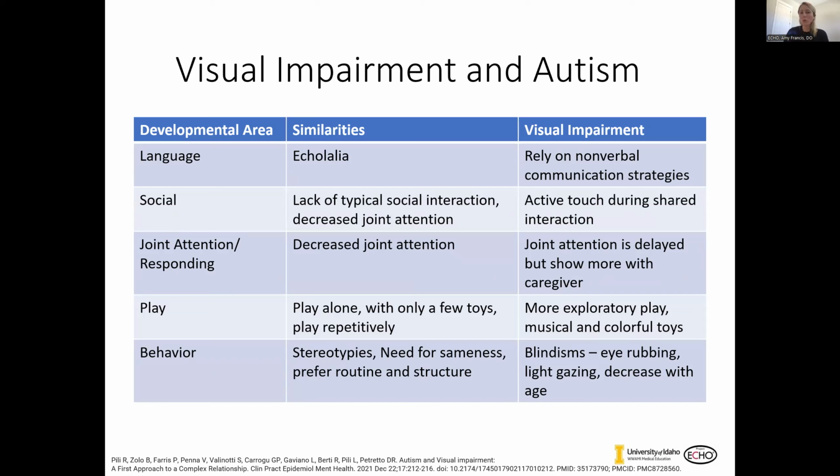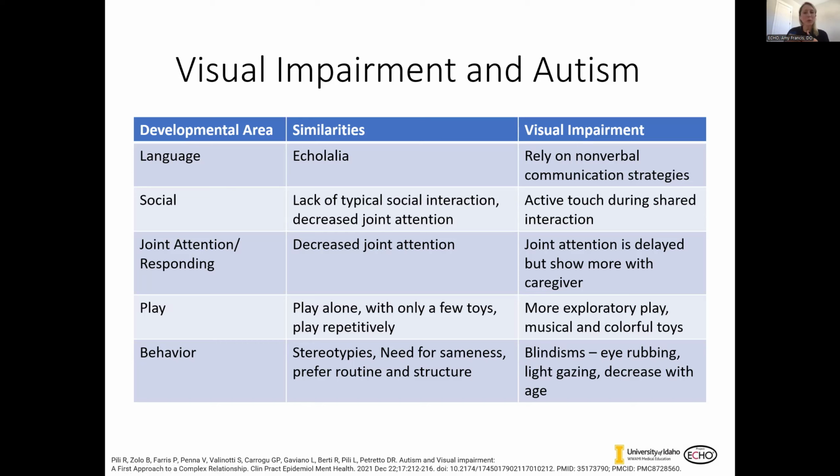Joint attention, so both will have some decreased joint attention, but joint attention often can develop and grow and expand in children with visual impairment. So it's delayed and tends to get better over time and with their caregiver. Play, both populations will play alone or only with a few toys or play repetitively with the toys.